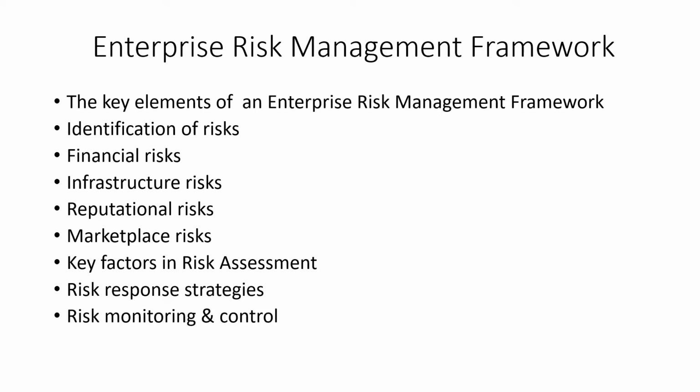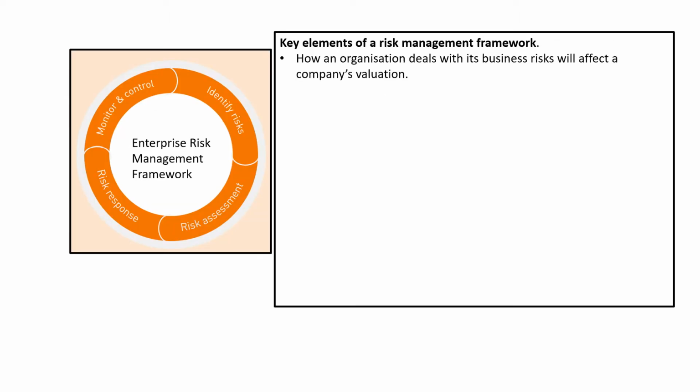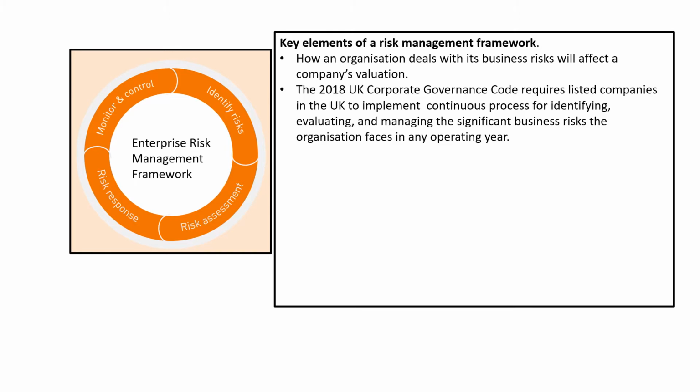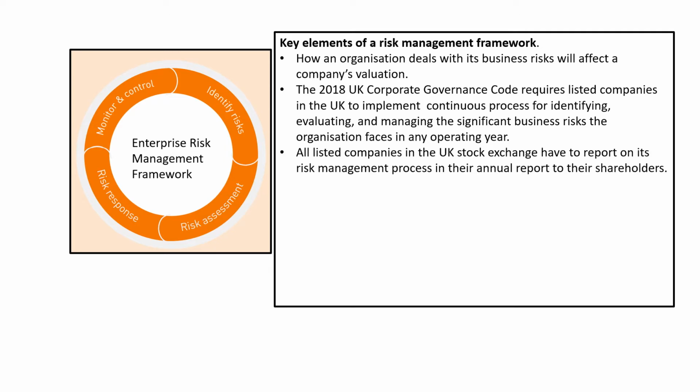What I've listed here are the topics that we will discuss in this tutorial. The first topic is the key elements of an enterprise risk management framework. How an organization deals with its business risk will affect a company's valuation. The 2018 UK Corporate Governance Code requires listed companies in the UK to implement a continuous process for identifying, evaluating, and managing the significant business risk the organization faces in any operating year.